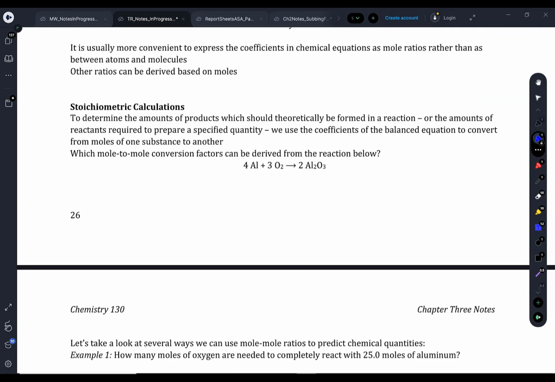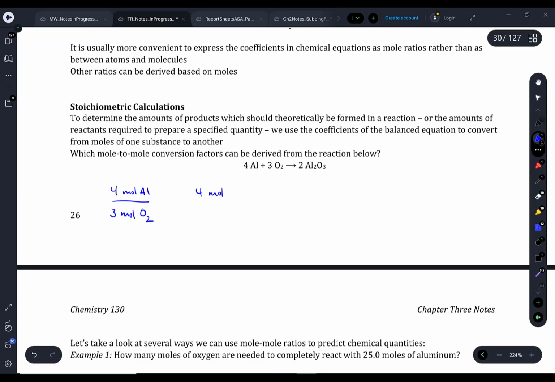For example, for every 4 moles of aluminum, there must be 3 moles of oxygen. For every 4 moles of aluminum, that would correspond to 2 moles of aluminum oxide.